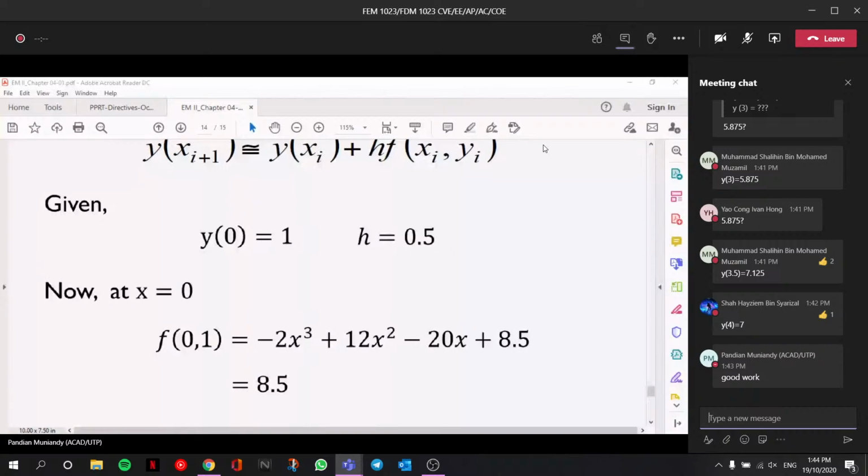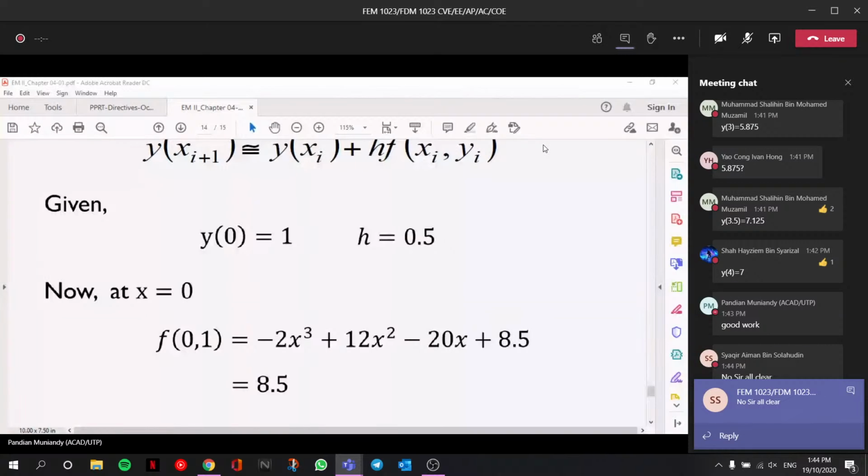You see these y values vary. So we want to investigate what happened here. Why the y value is not consistent. One of the reasons is the step size h, 0.5.